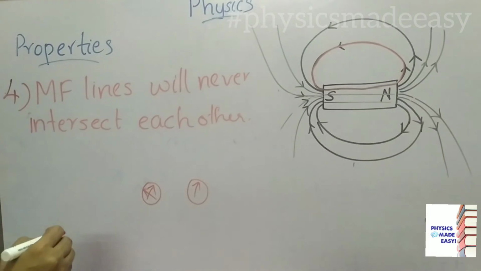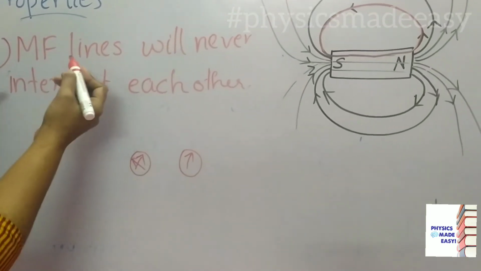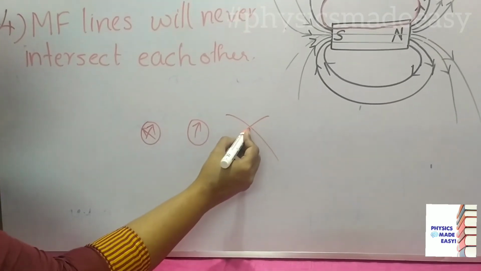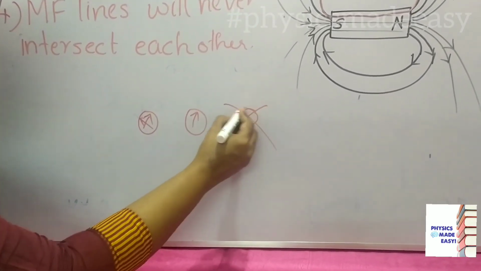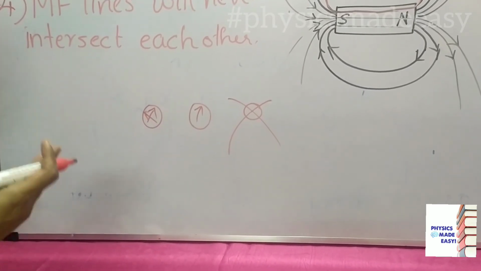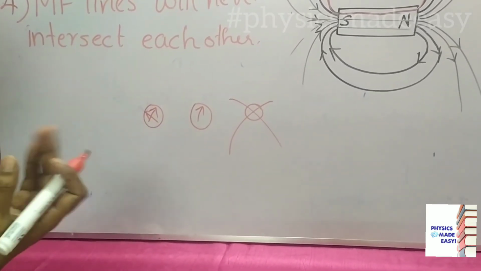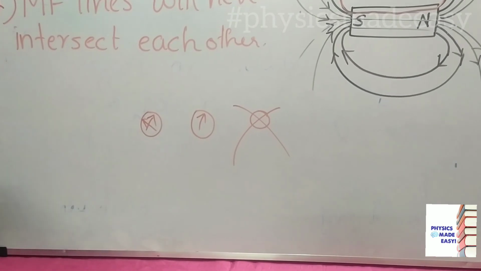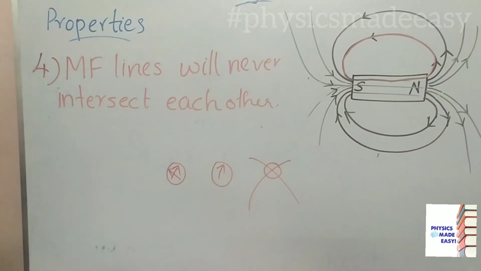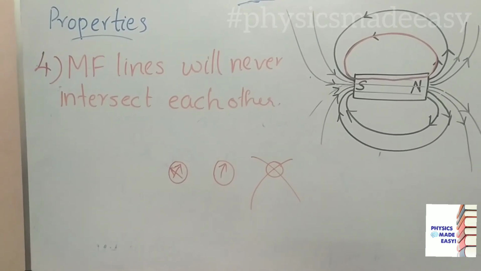If lines could intersect, then at the point of intersection the needle would have to show both directions at a time. That is not possible. That's why we can say magnetic field lines will never intersect each other.